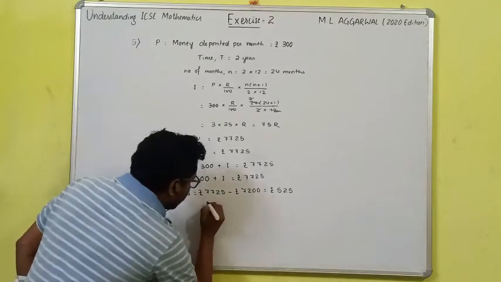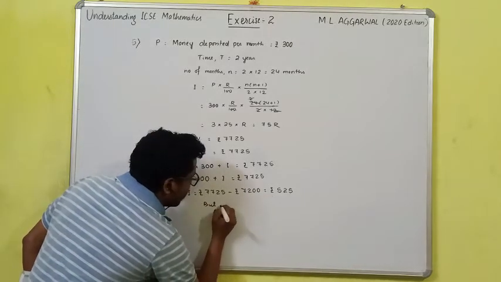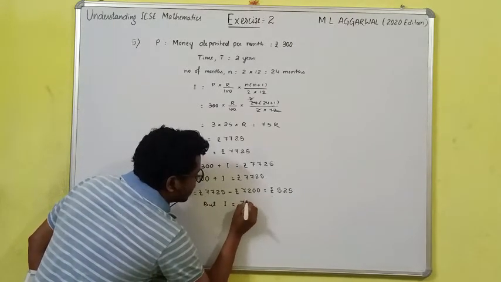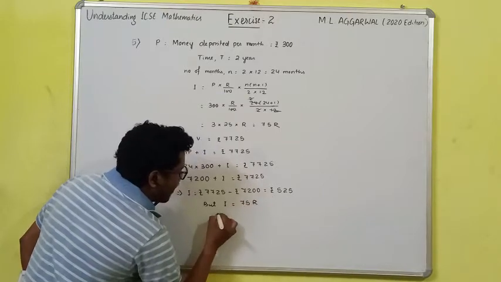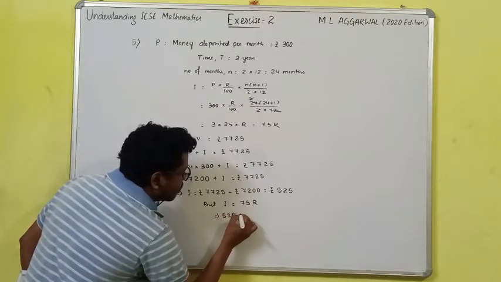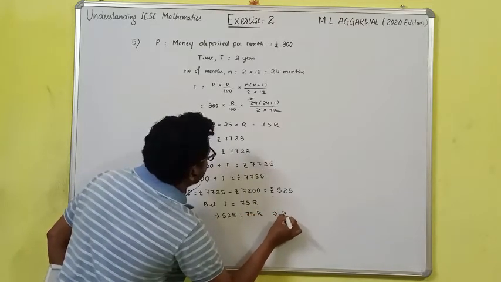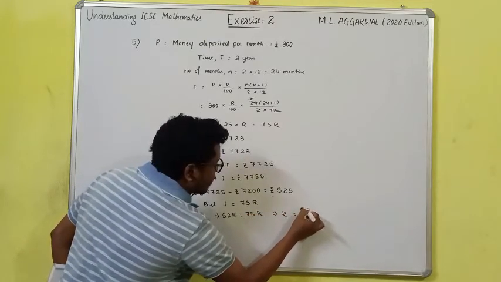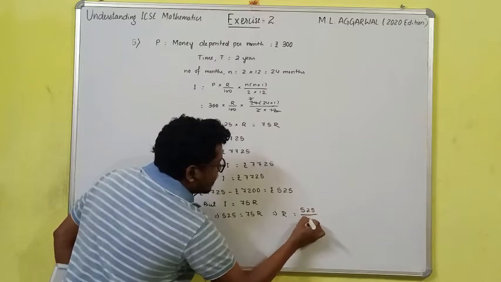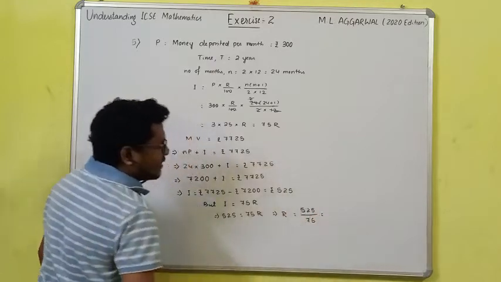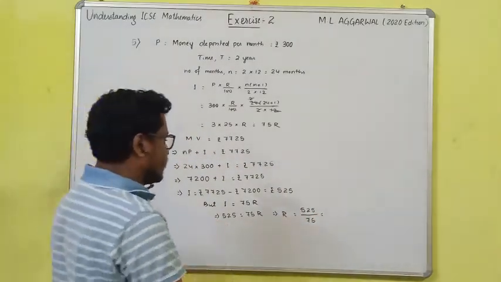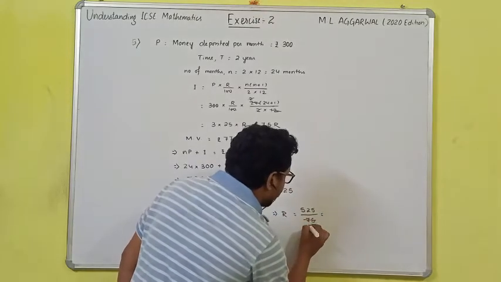Then again, I is equal to 75 R. So 525 is equal to 75 R. So R is equal to 525 by 75. Now solve it. 75 here, so cancel it, it will be 15.